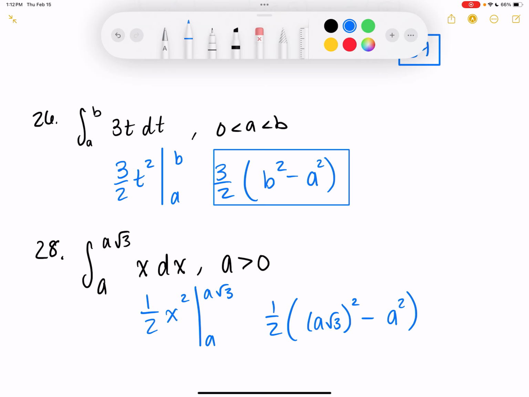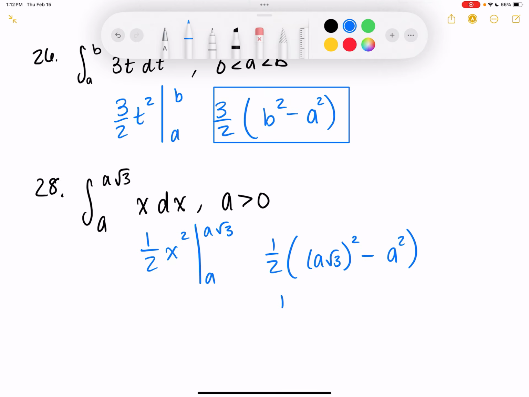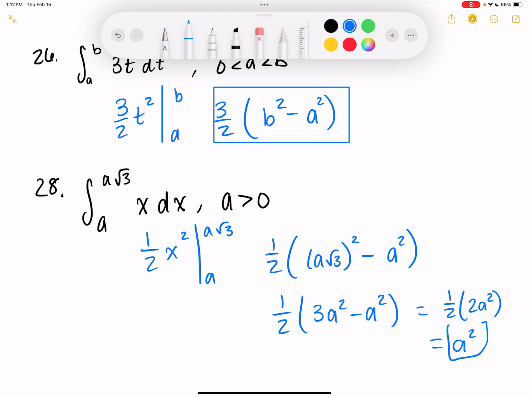Since that term's being squared, I'm going to multiply that out: 1/2 times 3a squared minus a squared, which ends up giving us 1/2 times 2a squared, or just a squared.